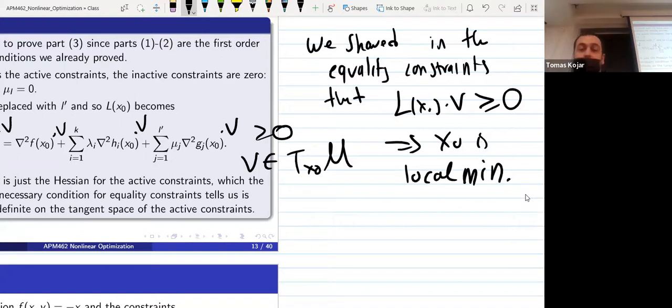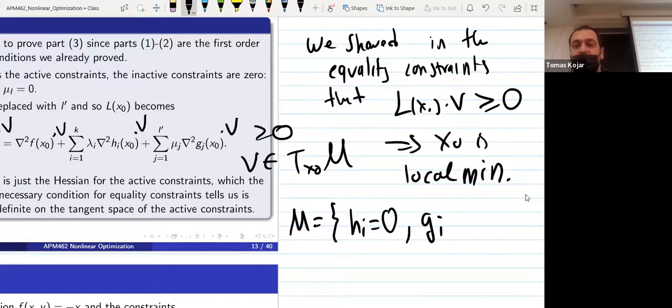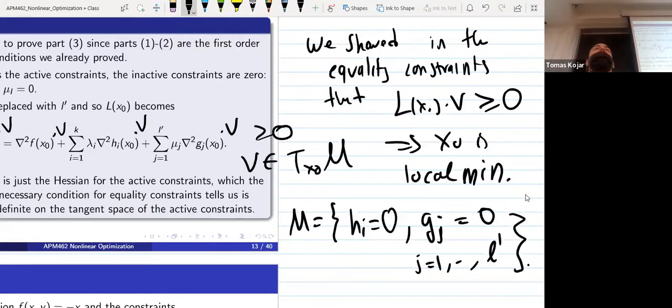But here M is the following surface: all the H_i are 0, and the G_j are 0 for j from 1 to l prime. Does that make sense?